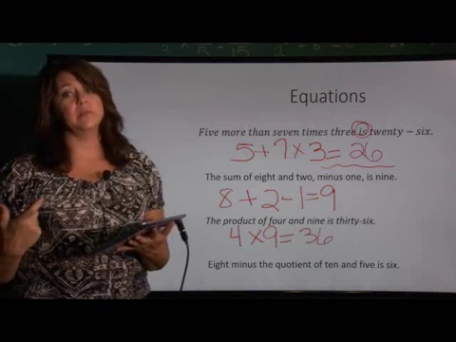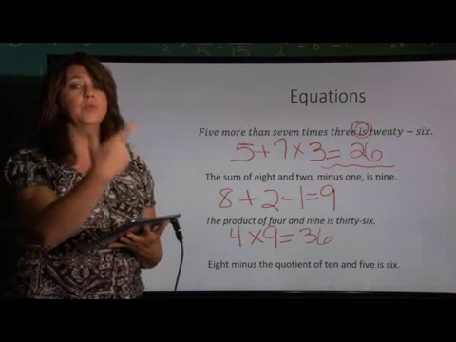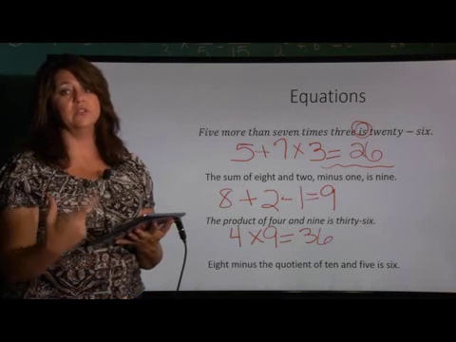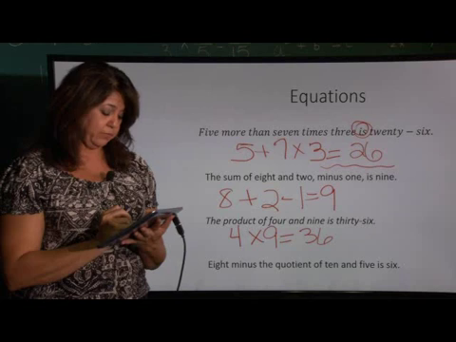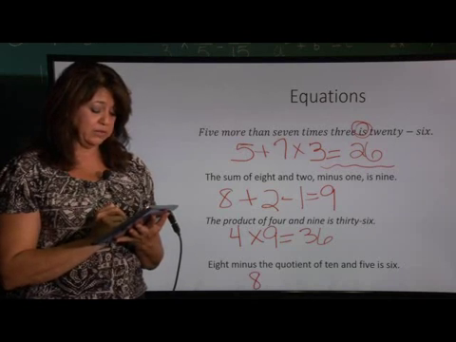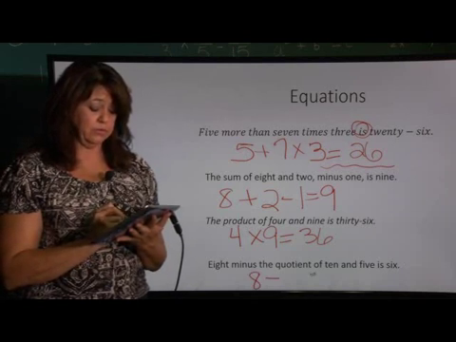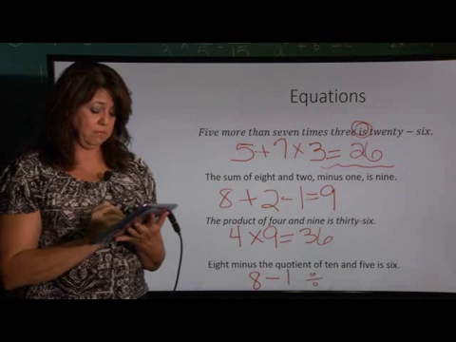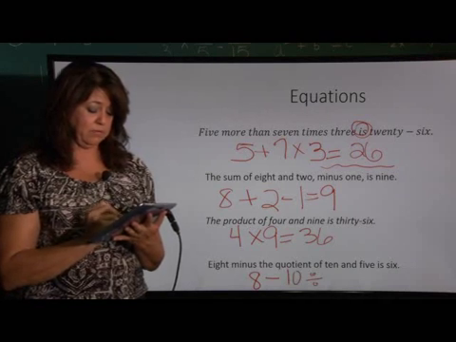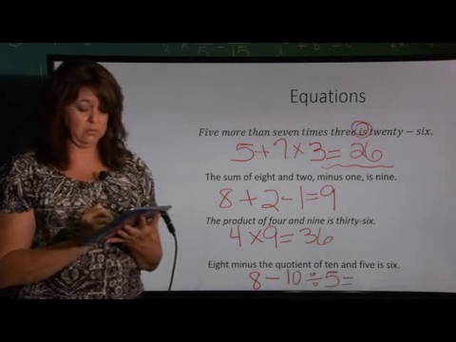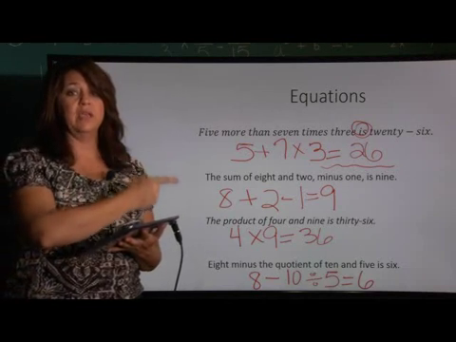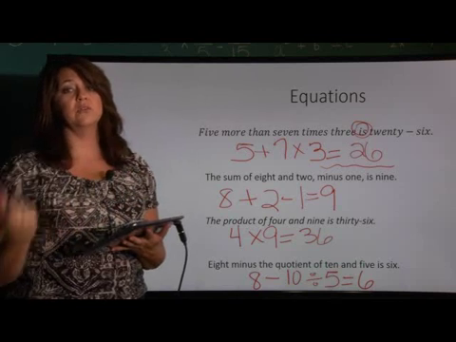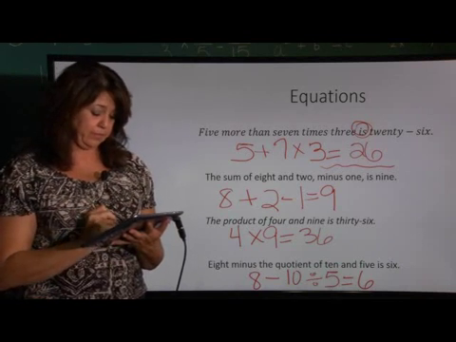I'm using the same expressions as the last slide, but putting a value onto the expression and making it an equation. 8 minus the quotient of 10 and 5 is 6. In these two slides, I've taken sentences and turned them into math.